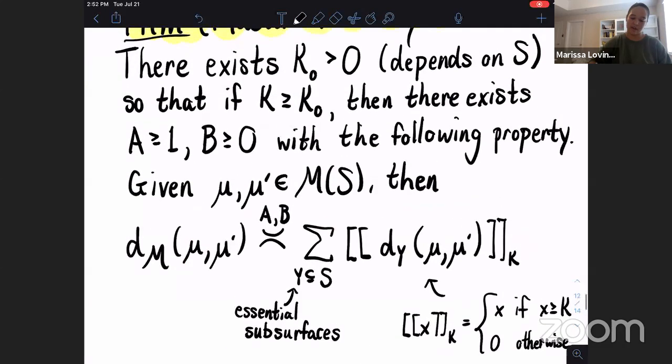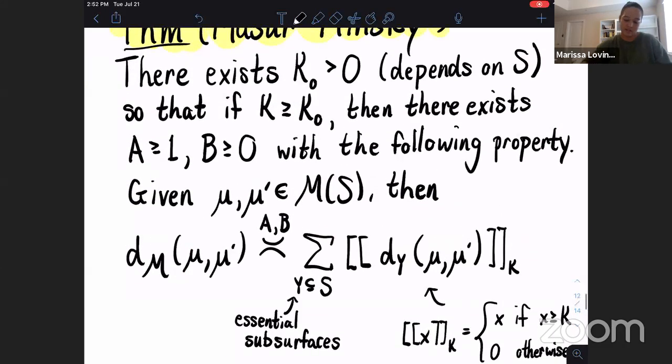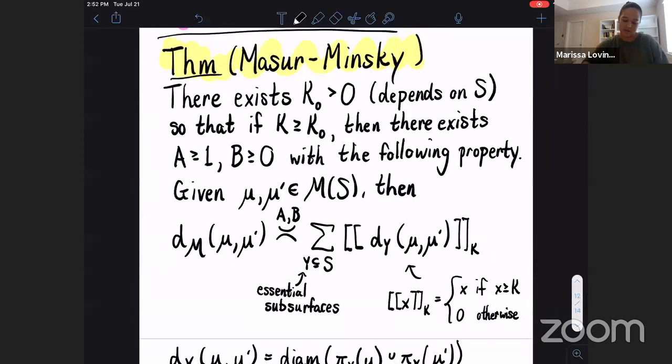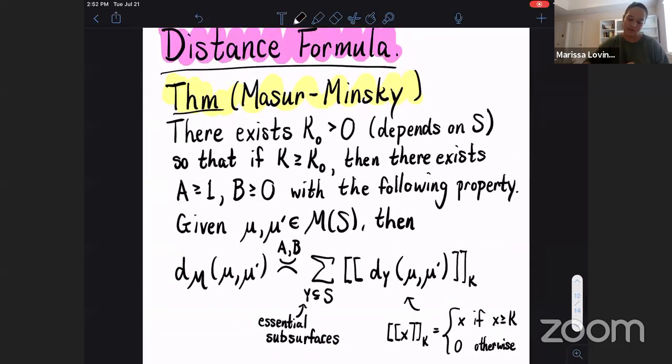So let me just scroll back up so we can let this sit for a moment. So this theorem is telling us that we can measure distance in the marking graph by summing over projections to subsurfaces. So we are actually able to get this very fine information, right? We can compute distances, coarsely, yes, but by projecting to subsurfaces.